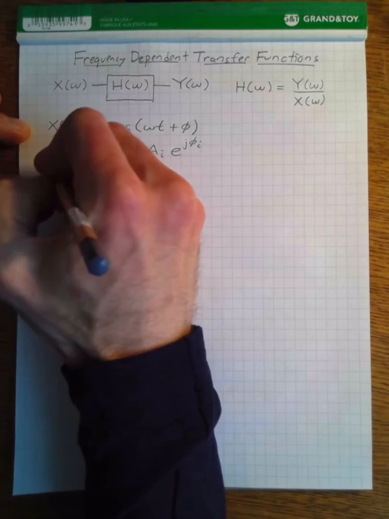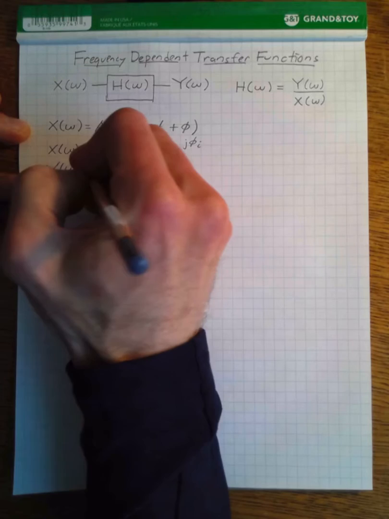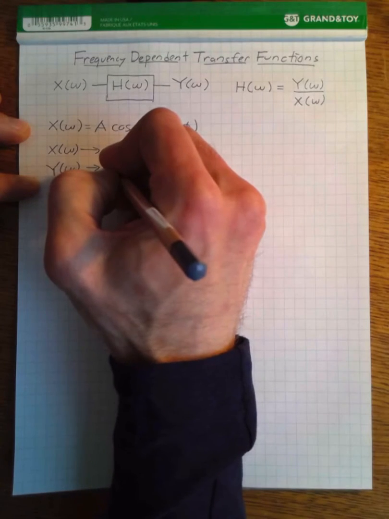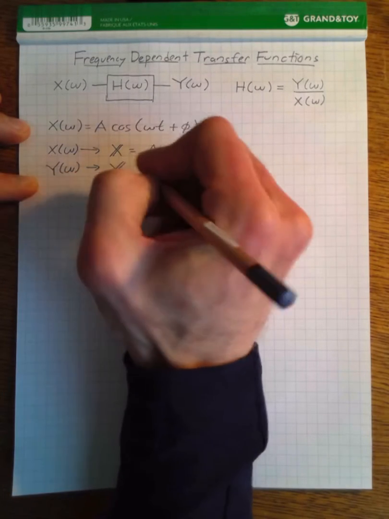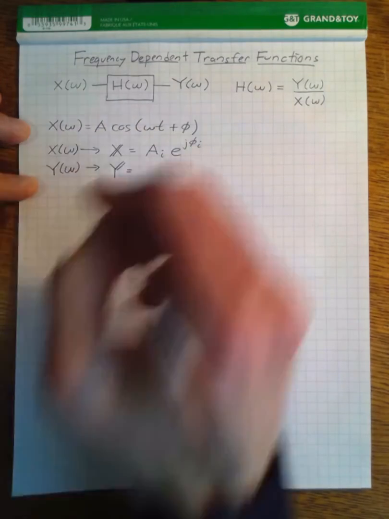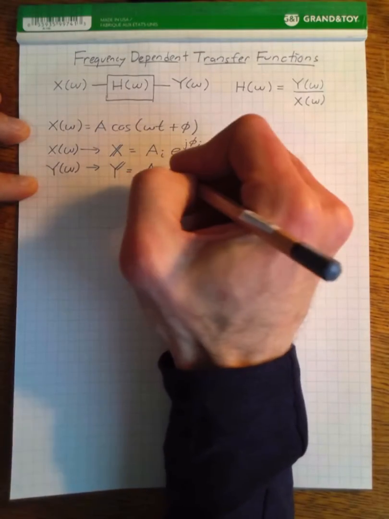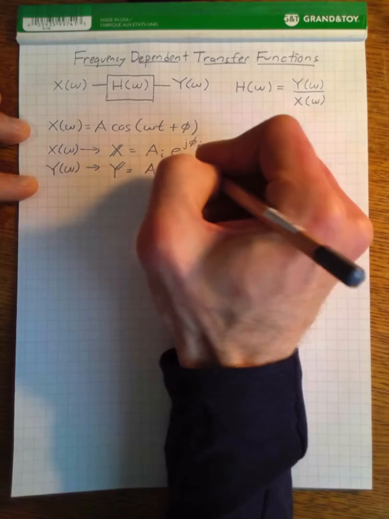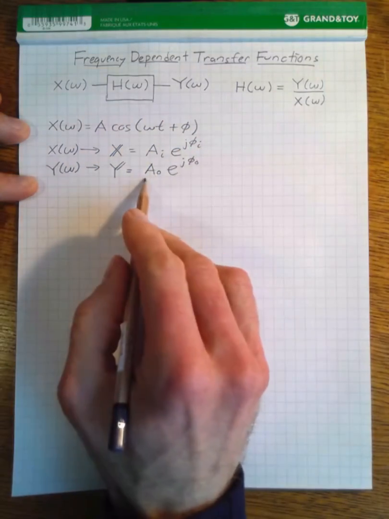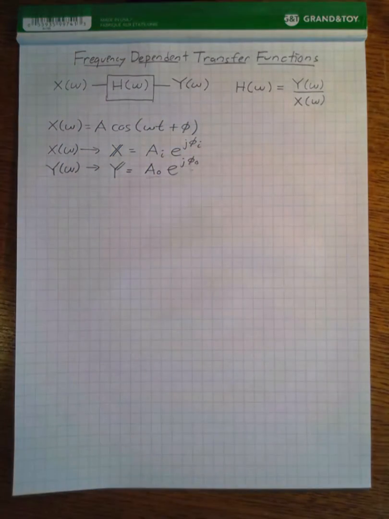And our output, similarly, will be a bold y, which is, again, a complex phasor with a certain magnitude and a certain phase.